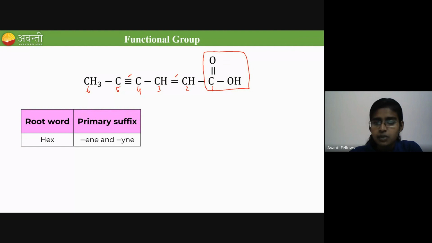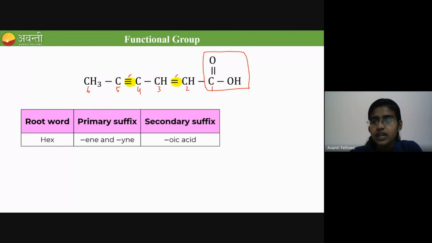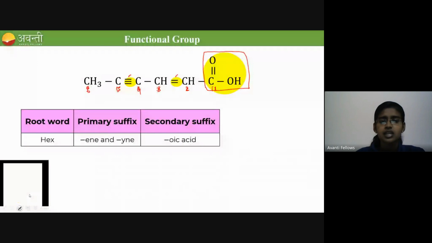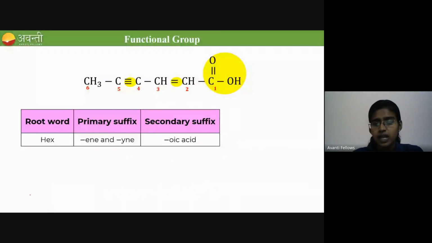These are the primary suffixes. Now the secondary suffix is oic acid, because the class of compound with COOH is carboxylic acid. For carboxylic acids, the suffix is oic acid, right? As you can see on the screen, the numbering is also done from right to left.